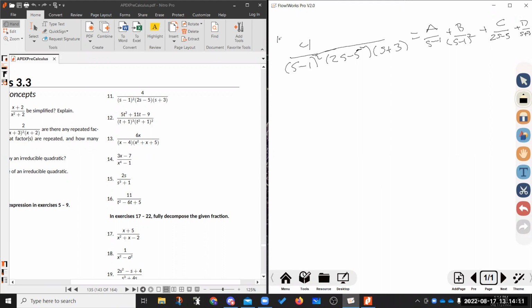It's number 11. And we would use the system of equations that we're going to generate from that to solve for A, B, C, and D. But they don't want us to solve.